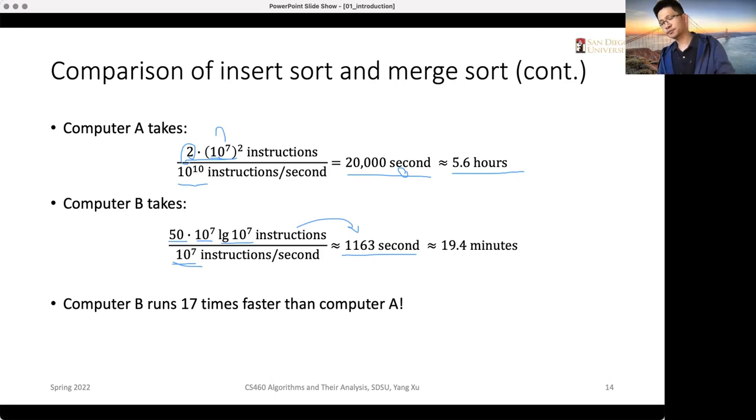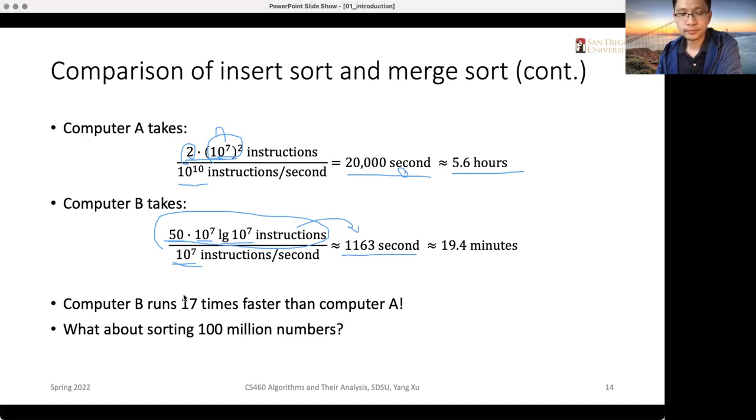But since the algorithm itself is faster, since the function that we use to calculate the running time is a function that grows slower than the n squared function, the final running time for computer B will be much faster than computer A. And this difference will increase when we sort even higher numbers of inputs.